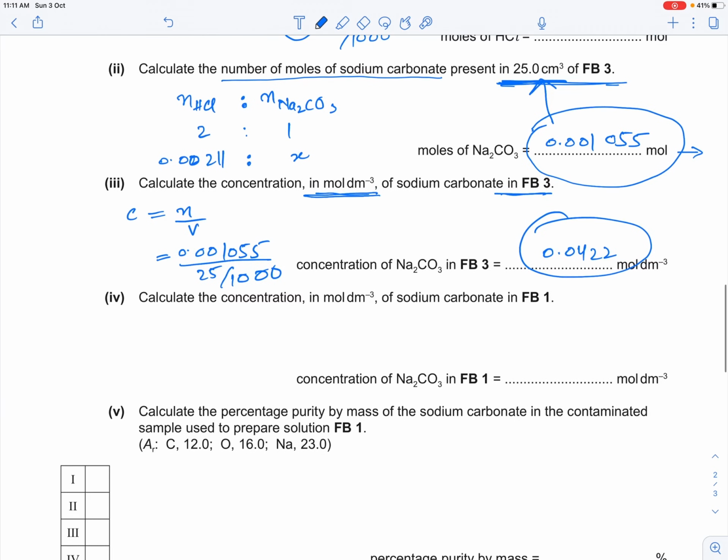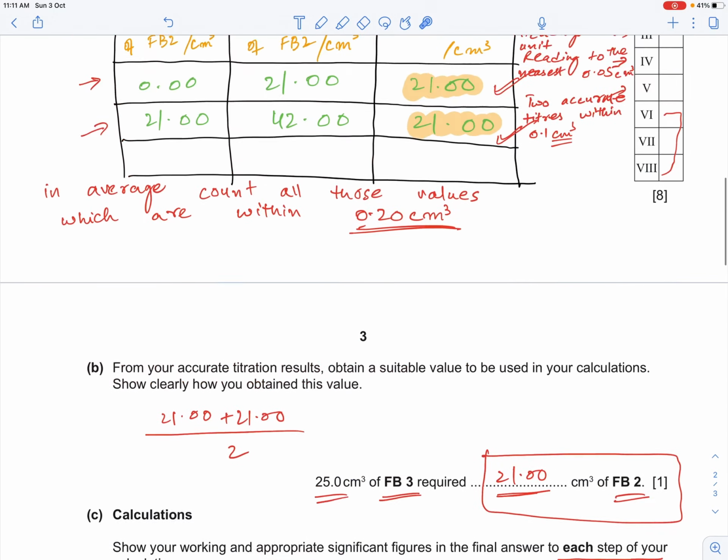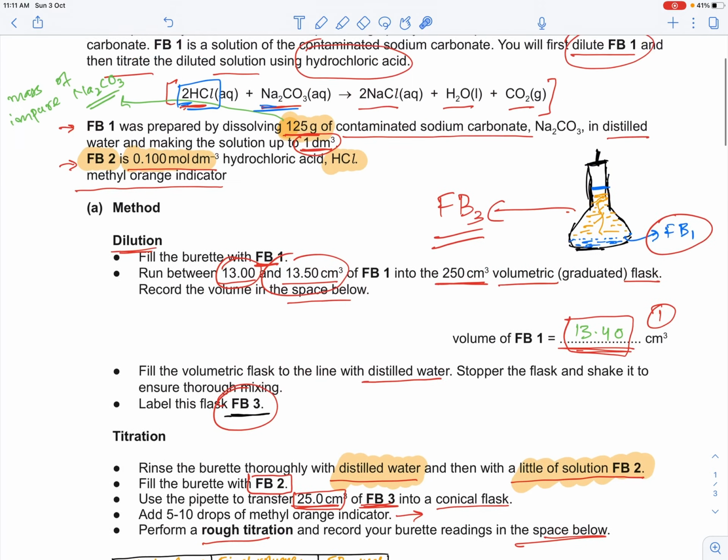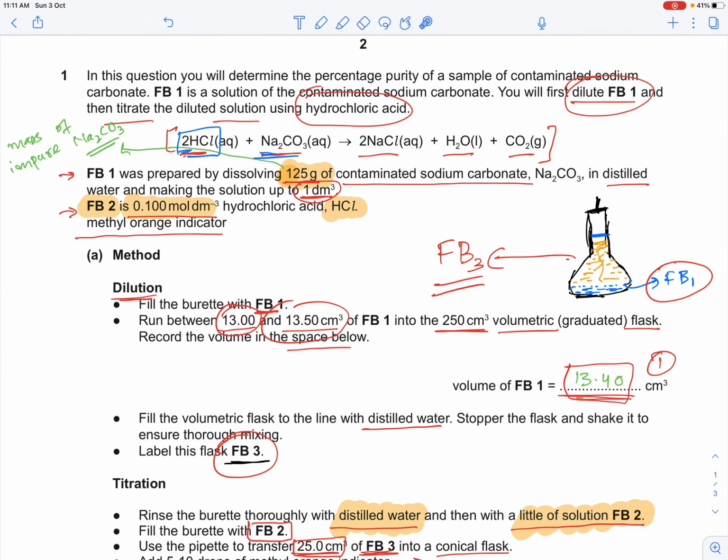Next part is to calculate the concentration in moles per dm cube of sodium carbonate in FB1. In the third part of this question, you calculated the concentration of sodium carbonate in FB3, and now they are asking for the concentration in FB1. You have to realize that FB3 is the diluted solution which you made from FB1.